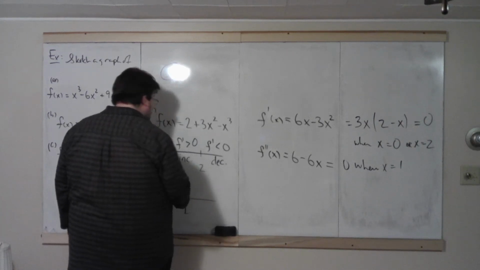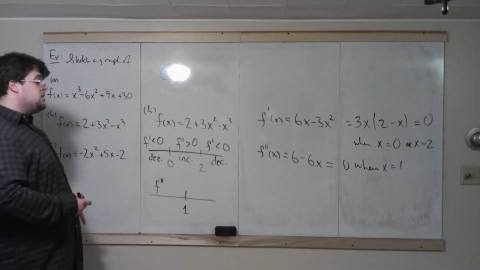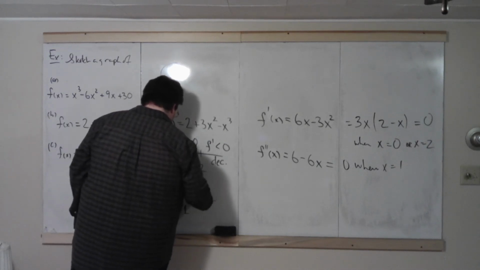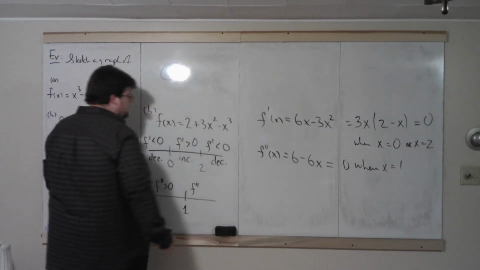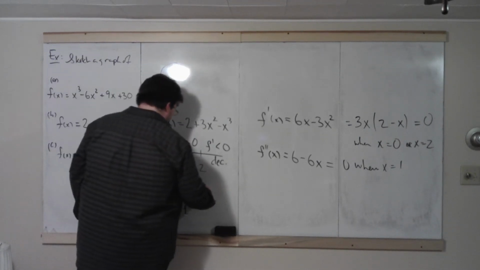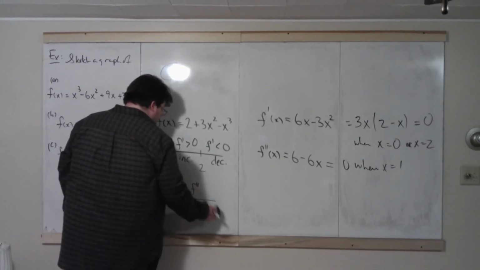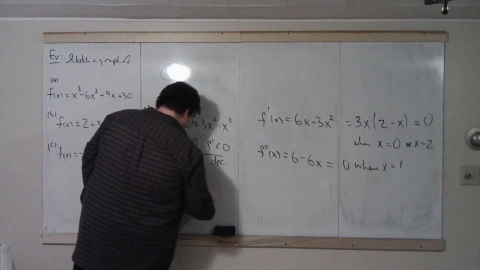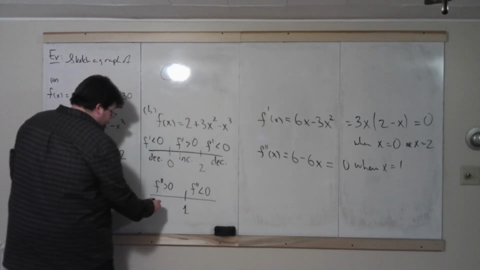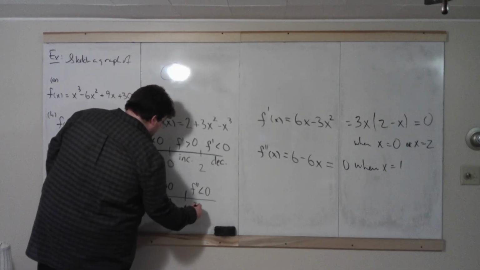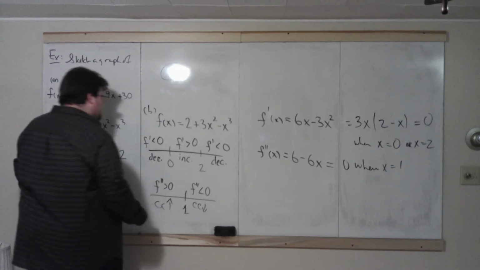F second prime on the left of 1, let x equal 0. F second prime is positive. On the other side of 1, pick a number like 2. 6 minus 12 is negative. So let's write a less than instead of a greater than. Where the second derivative is positive, the original is concave up. Where the second derivative is negative, the original is concave down.